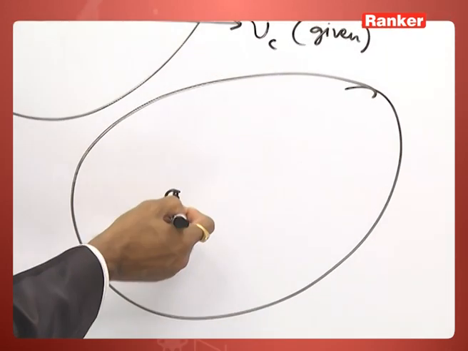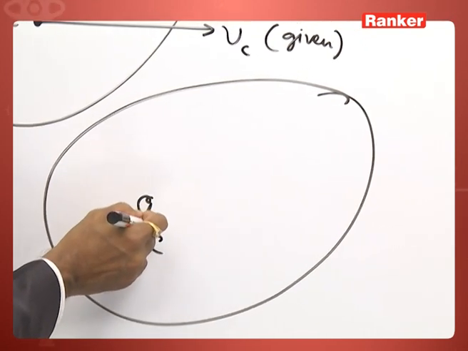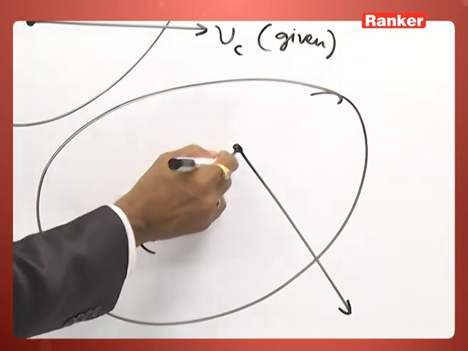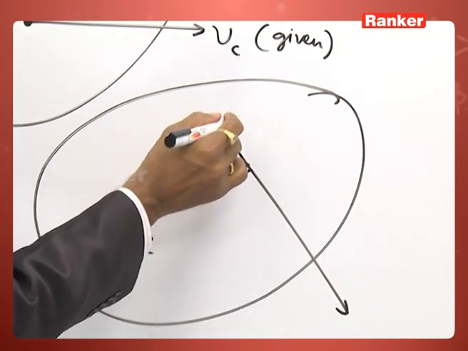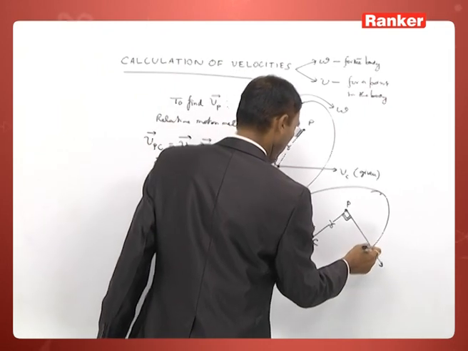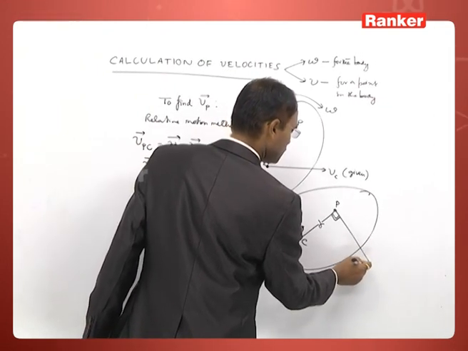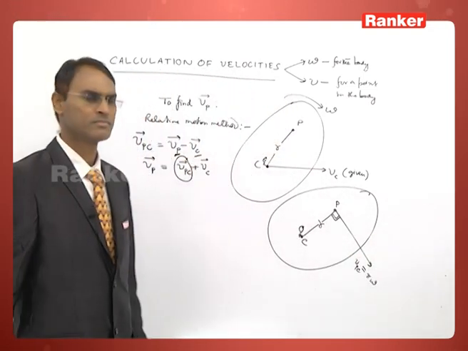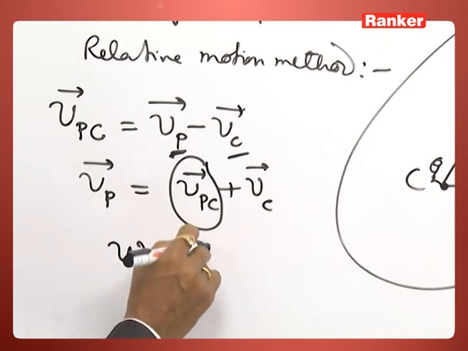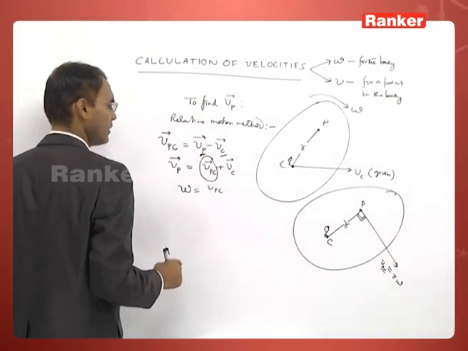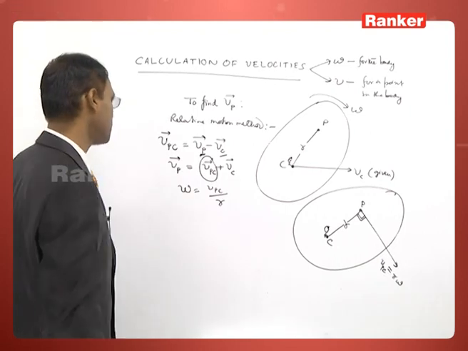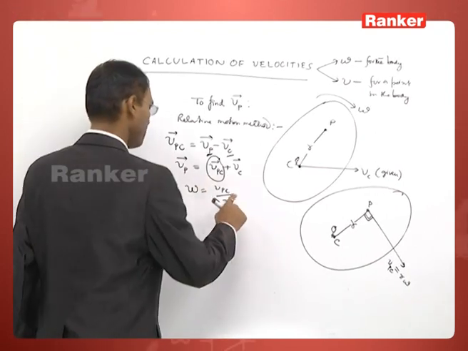When you stand on this point C, you can see that this point moves perpendicular to the line joining these 2 points, that is PC, with the magnitude that's equal to R into omega, because angular velocity of the rigid body is defined as the relative velocity between these 2 points upon the distance of separation, as we discussed in the previous context.